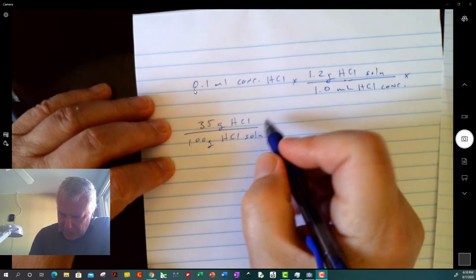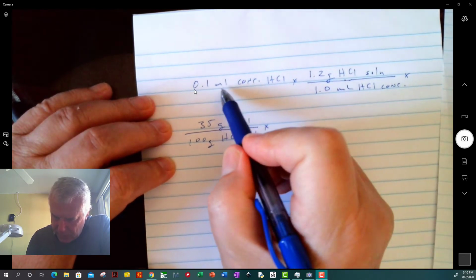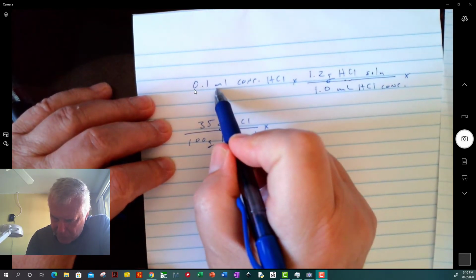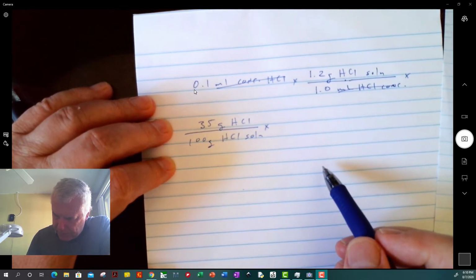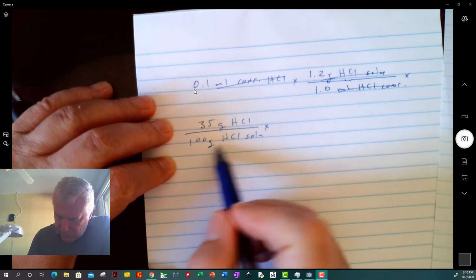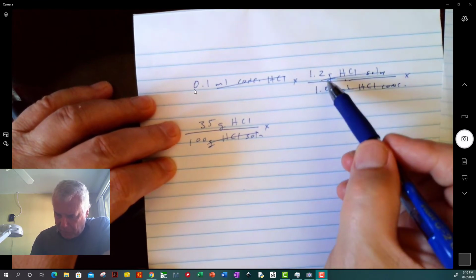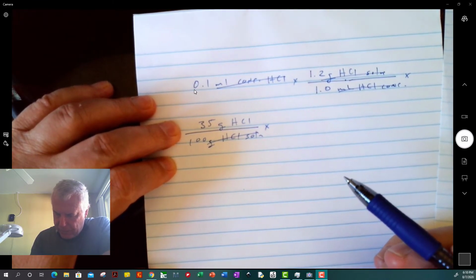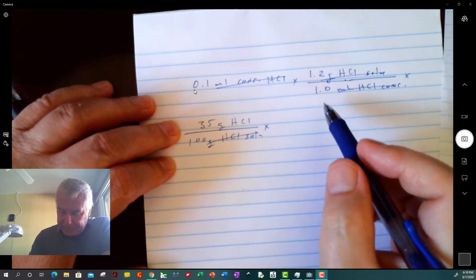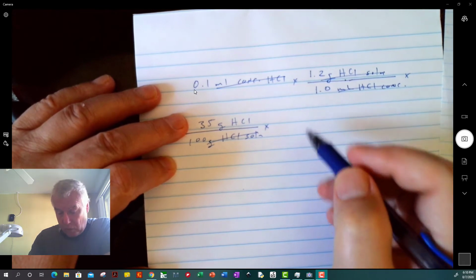Right. Now, at this point, let's cancel units. We've got mL of concentrated HCl. They cancel. Grams of HCl solution cancels. Now we're down to grams of HCl. Multiply by 1.2, multiply again by 0.35. Now grams of HCl is good. Now we're going to change that to moles.